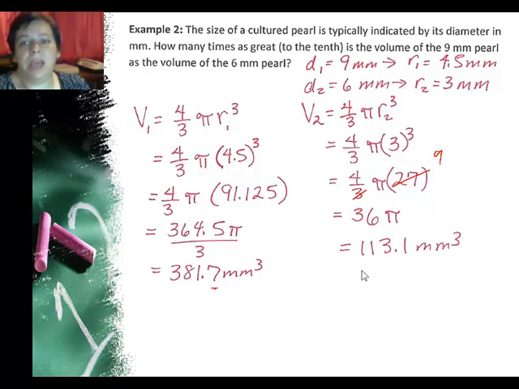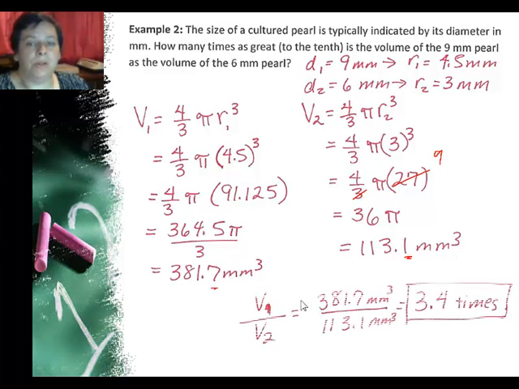Then once I use my calculator, I get 113.1 millimeters cubed. By the way, this is rounded, so I did approximate there. And I want to know how many times greater this volume is compared to that volume. So what I'm going to do is put the larger volume over the smaller volume. And then using my calculator, I get 3.4 times greater.